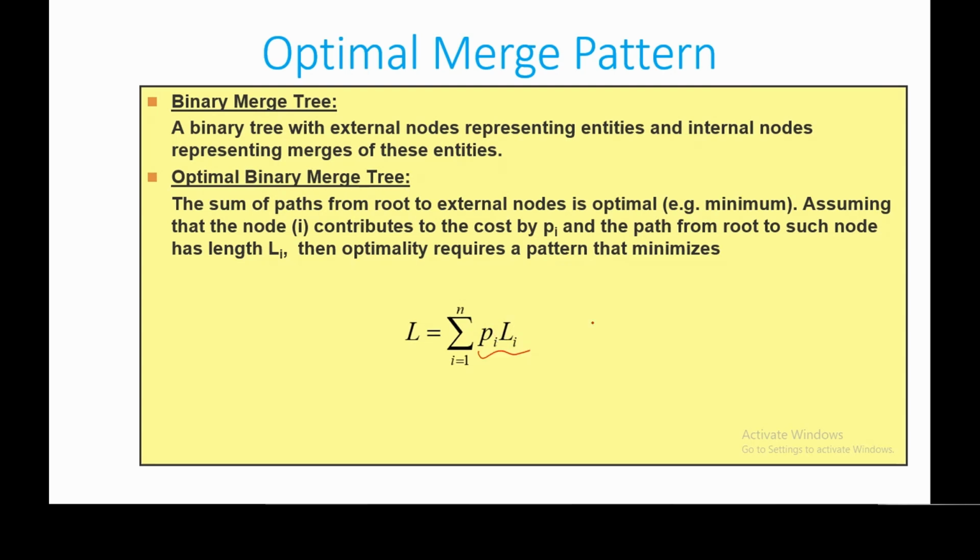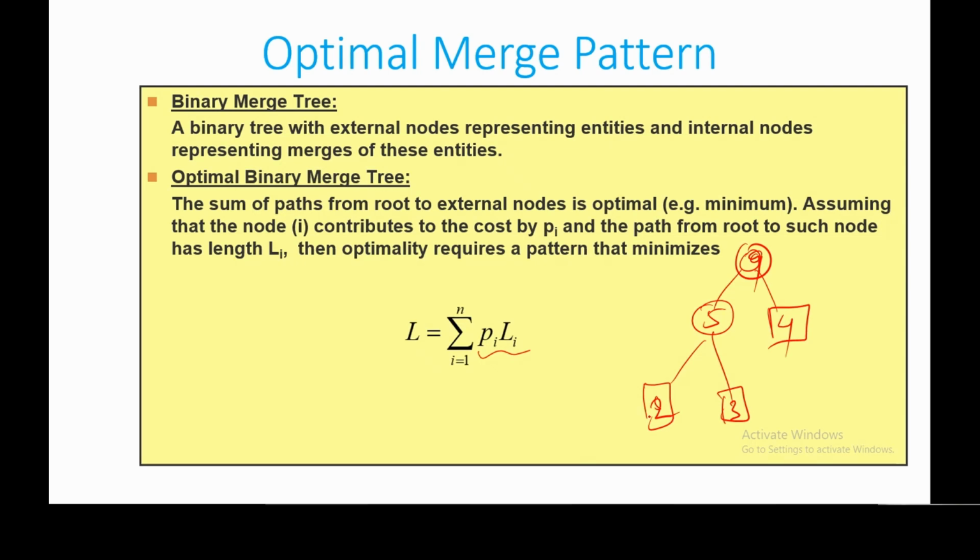After representing all the files in the form of the binary merge tree, we need to find the external weighted path length, that is the total number of moves. Like we have a file here, it is 2, it is 3, and it is 4. So 2 plus 3 is 5, and 5 plus 4 is 9.